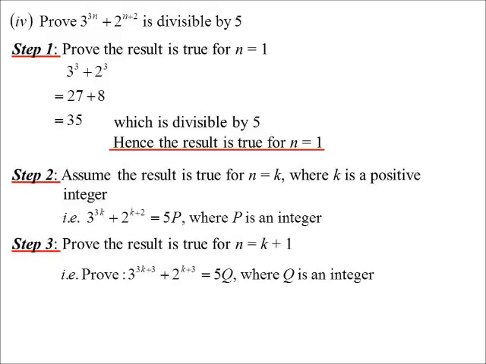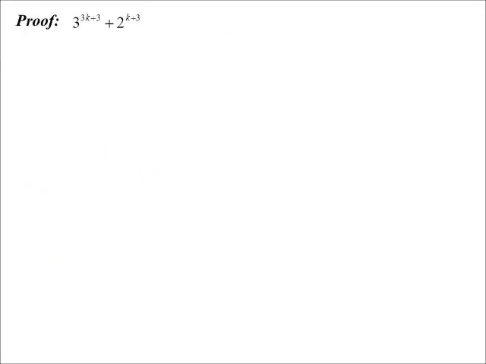So my proof, what I want to prove, if I substitute in k plus 1, that'll become 3k plus 3, and the power of 2 will become k plus 3. So I want to show that that's equal to 5 times something. All right. So how do I get my assumption in there? In this case, I need to rewrite the assumption, because it's too hard to substitute in 3 to the power of 3k plus 2 to the power of k plus 2.